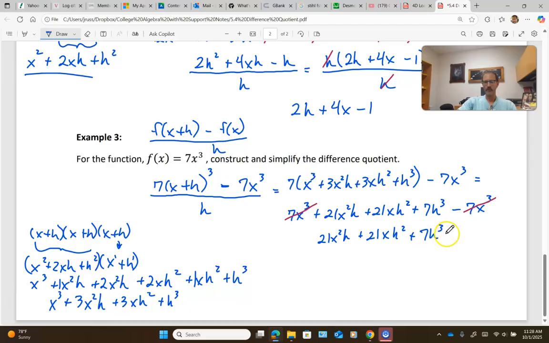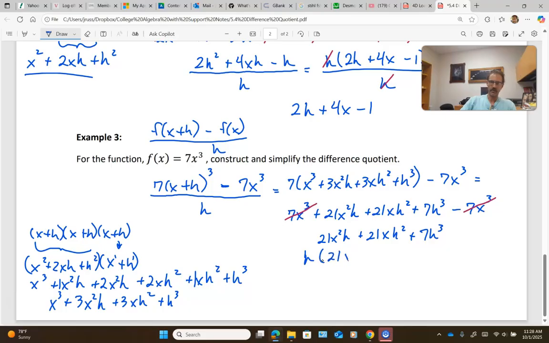Now, this one's similar to the last one. These 3 terms do have something in common, but it's just an h. Well, actually it's a 7 as well. They all have a 7 in common. But I'm not going to take out the 7, and the reason is because all I have in the denominator is an h. I don't have a 7 down here as well. So if I took the 7 out, I wouldn't be able to cancel it. But I will be able to divide out the h. So I'm going to take an h out.